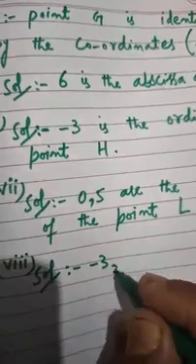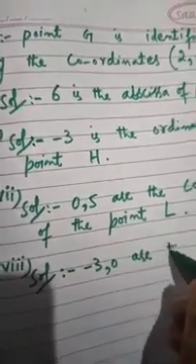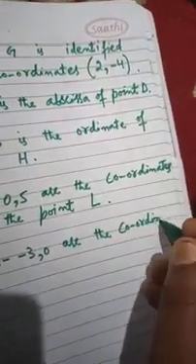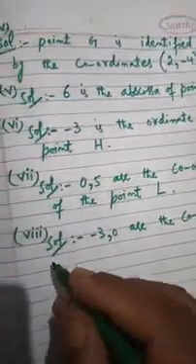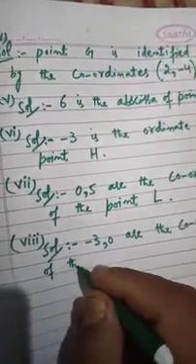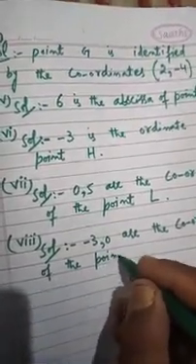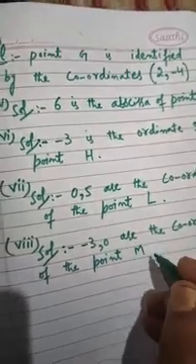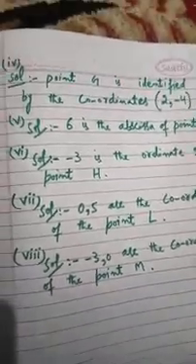So -3, 0 are the coordinates of the point M.